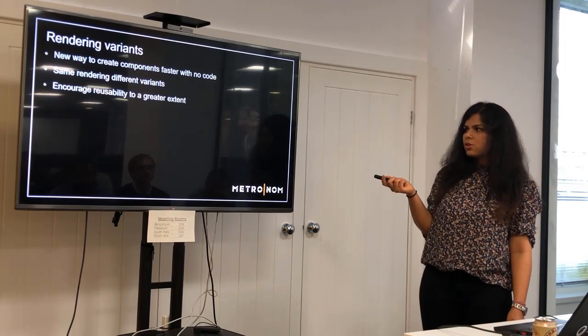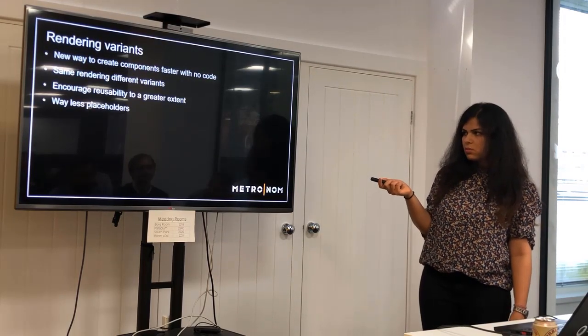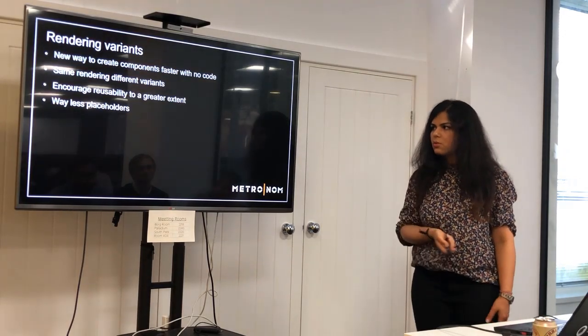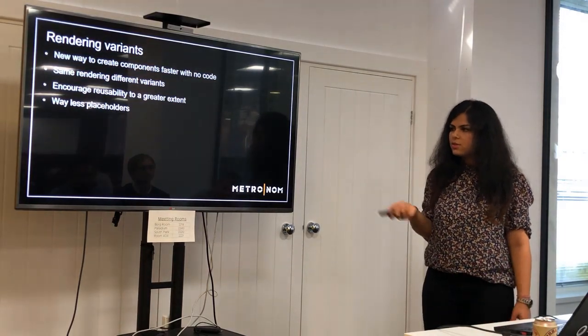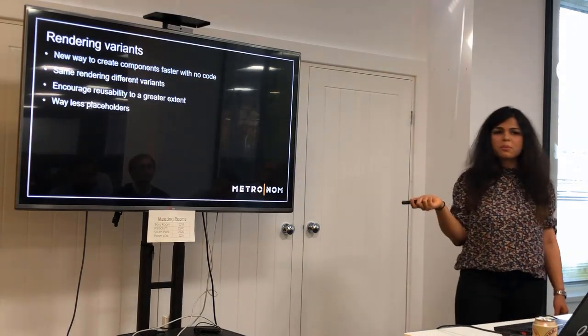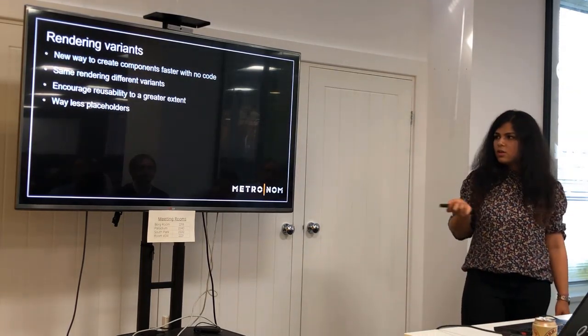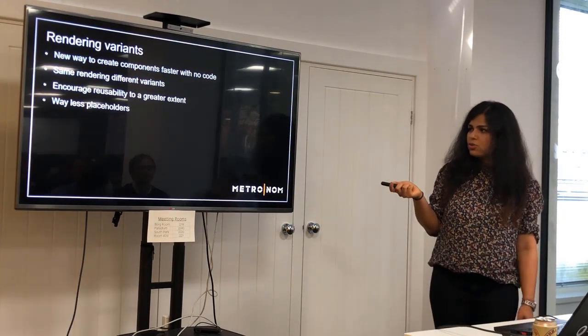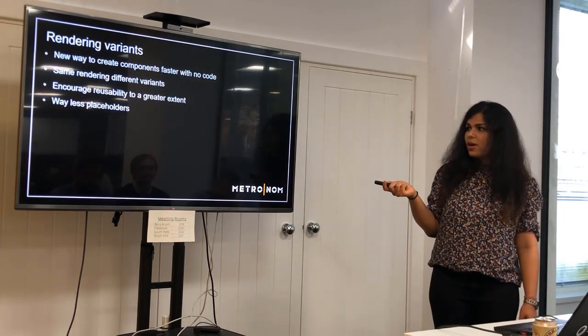It encourages the reusability to a greater extent because this is one of the features of SXA. They want to make everything reusable and save time, and yeah, it has way less placeholders, so this is a big improvement over snippets.